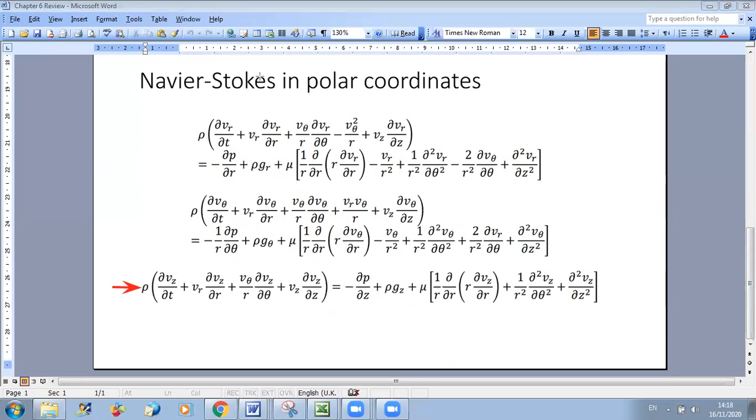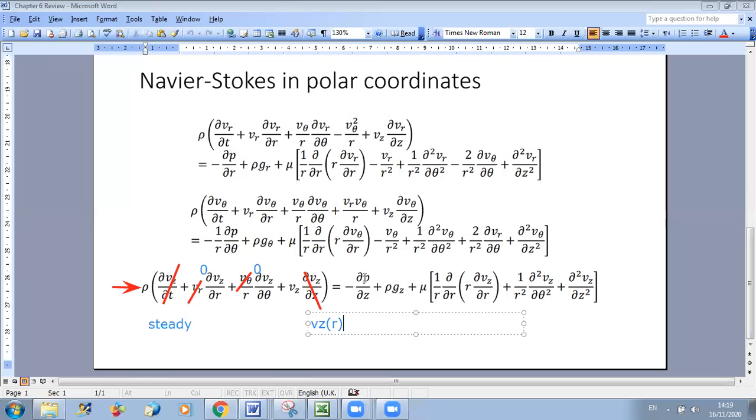First, it says it's a steady state application, so this term is 0. We said that Vr and V theta are 0, so these terms are 0, and this term will be 0 because they said Vz is only a function of R. To justify: this is steady, Vr is given to be 0, V theta is given to be 0, and since Vz is only a function of R, del Vz by del Z will give us 0.